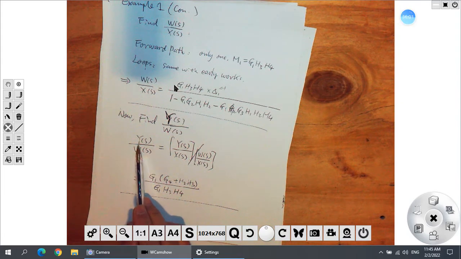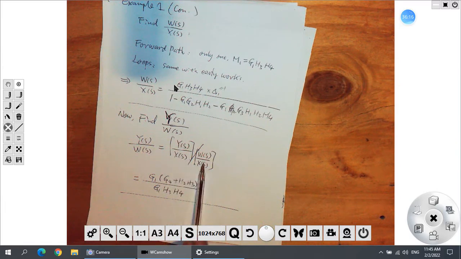Of course this signal is coming from the input side. W is not really the input, but some signal is still coming from w to y, right? So we can also consider the transfer function between y and w. We use the input for each of y and w, and then combine them together.